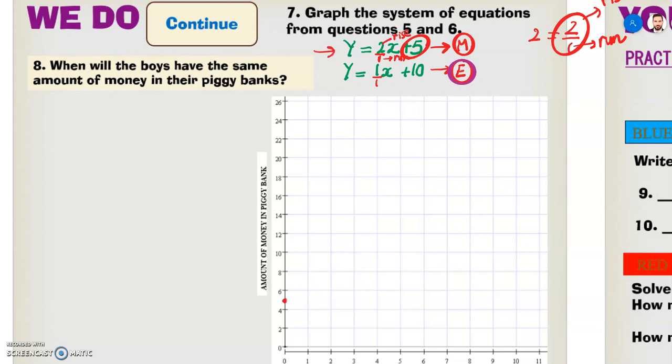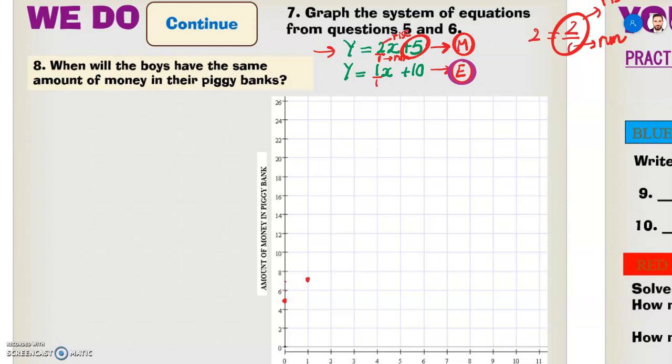Because I have 2 rise and 1 run, so 2 up, 1 right. From 6 to 7 is 2 up and 1 right.